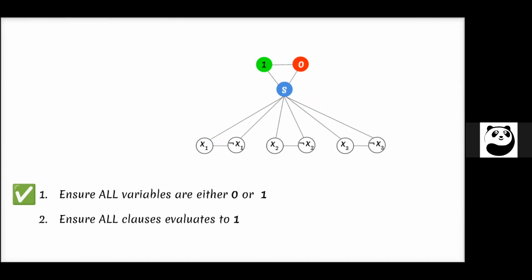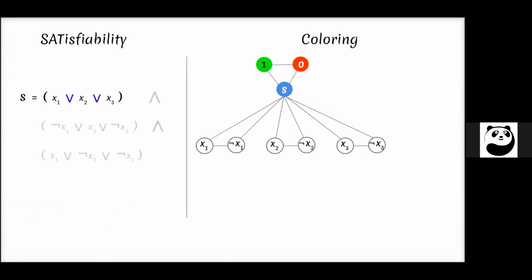So let's now add more components to the graph to satisfy the second condition, to ensure that all clauses evaluate to 1. So look at the first clause. We will build a gadget now to enforce this clause, to enforce that the clause overall evaluates to 1.